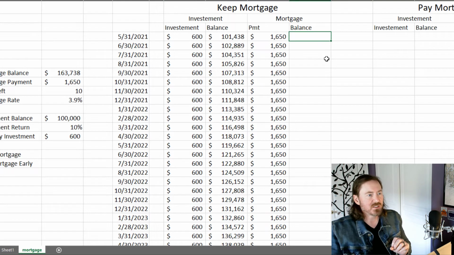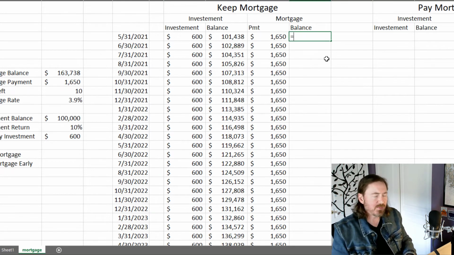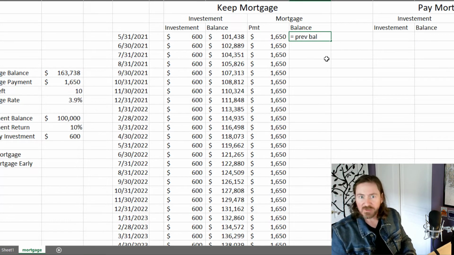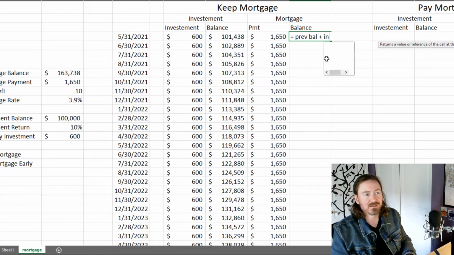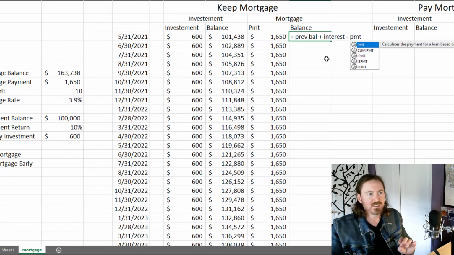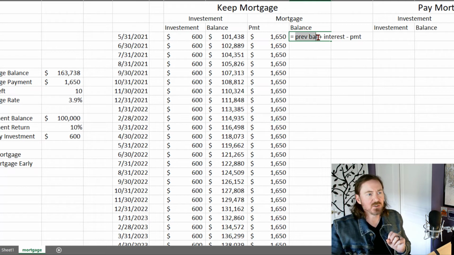Now for the balance on this mortgage, we're going to calculate the balance this way. Balance will be equal to the previous mortgage, previous loan balance, plus the interest on that balance, minus the monthly payment. And we just have to kind of convert this. So for the first month here, my previous balance is going to be basically my cell B8, which is my outstanding mortgage balance.